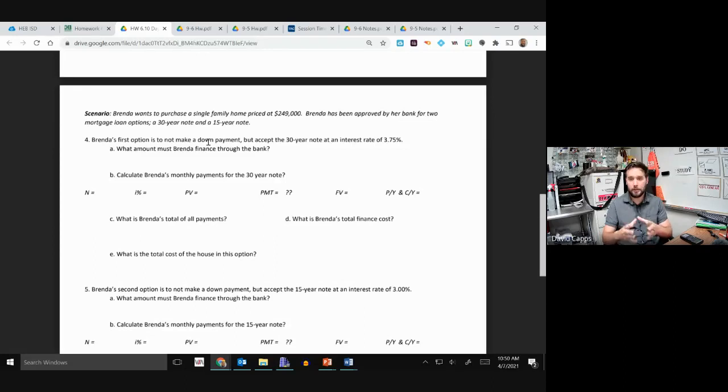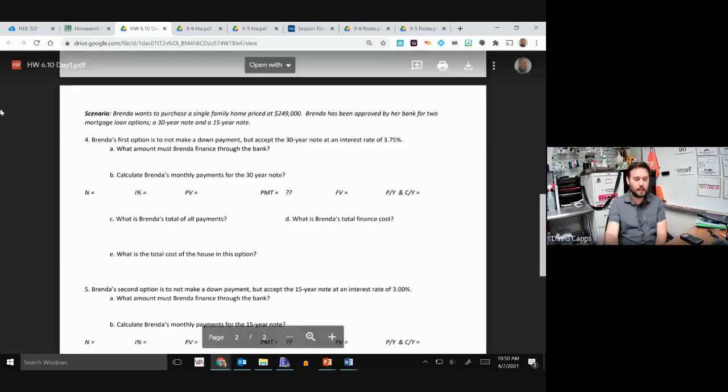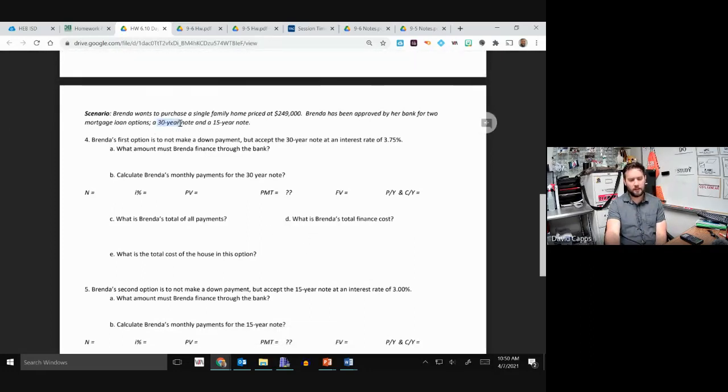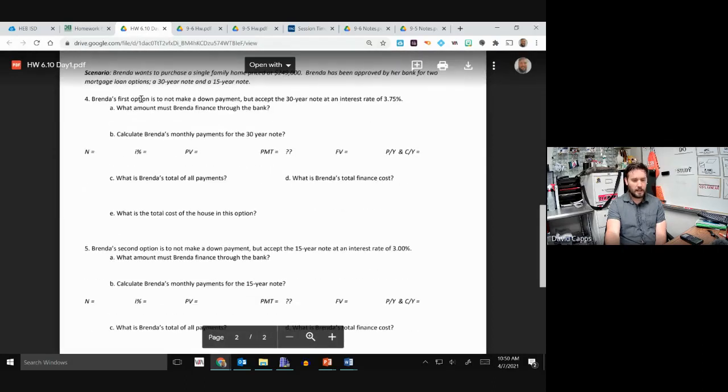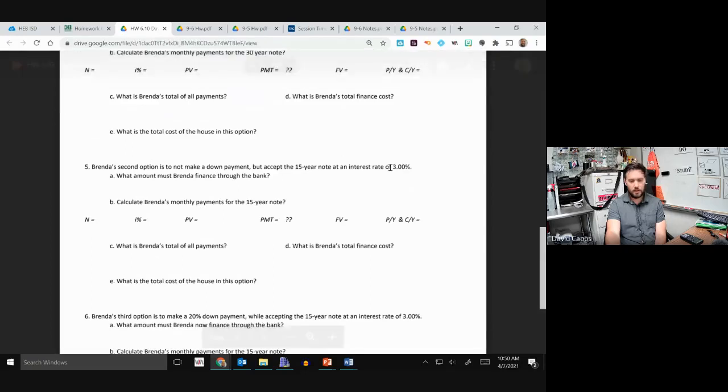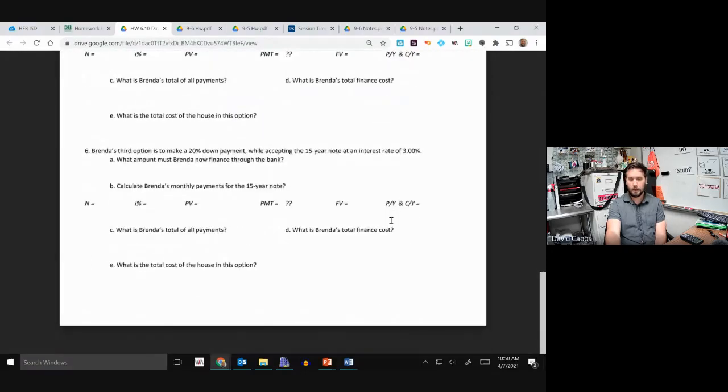A 15-year note says you're going to pay it back in 15 years. Is there a big difference here? Will you be able to save money by going from a 30-year to a 15-year note? I want you to calculate her financing with a 30-year note at 3.75% or a 15-year note at 3%, and see what that looks like.